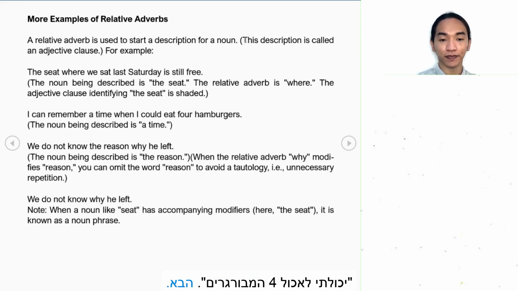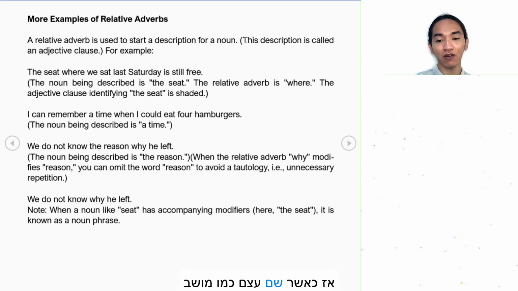Next one, we do not know the reason why he left. The noun there is the reason, and why modifies the reason. Now you can omit the reason to avoid tautology or vagueness, an unnecessary repetition. So we don't know why he left. You can just mention that: we don't know why he left.